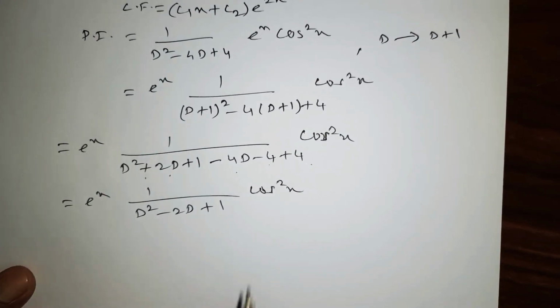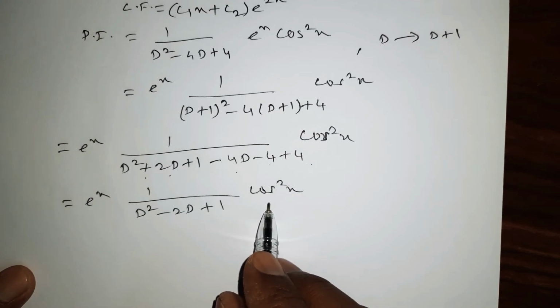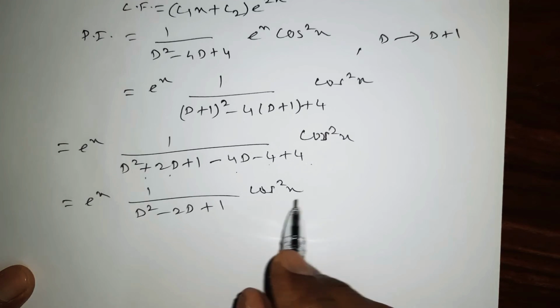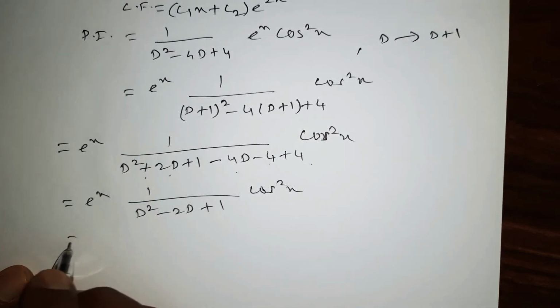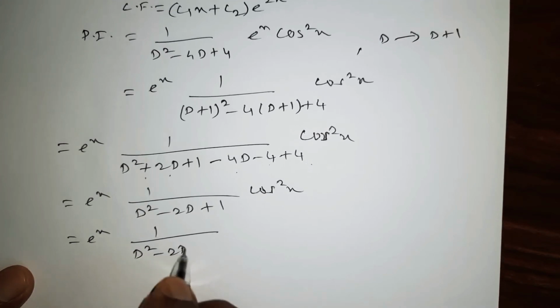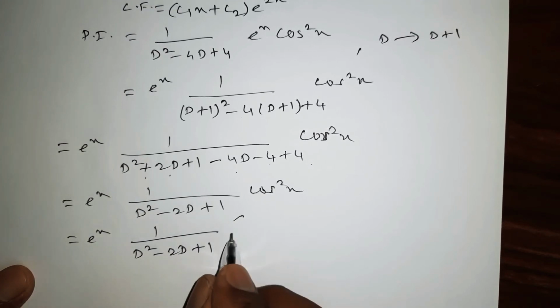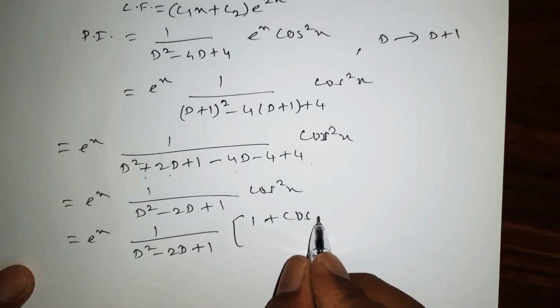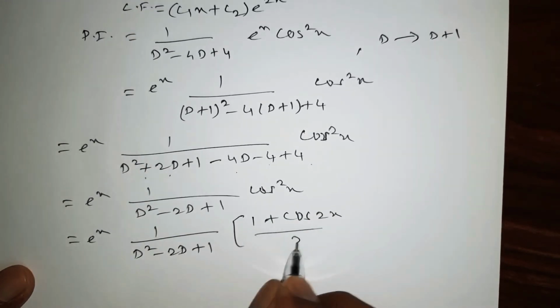Okay. Now, here cos square x is there. We can write that cos square x as 1 plus cos 2x upon 2 for the simple solution. 1 upon d square minus 2d plus 1, just like we did in integration, right? 1 plus cos 2x upon 2.